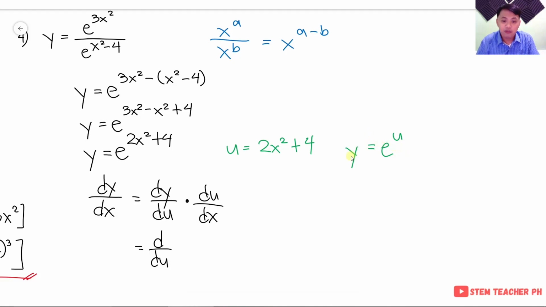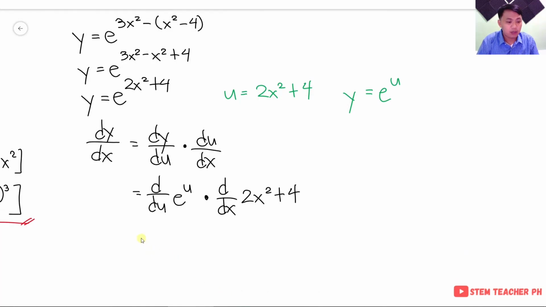So derivative of y or derivative of e raised to u, and then multiplied to the derivative with respect to x, our u is already equal to 2x squared plus 4. Then we can get our derivatives.